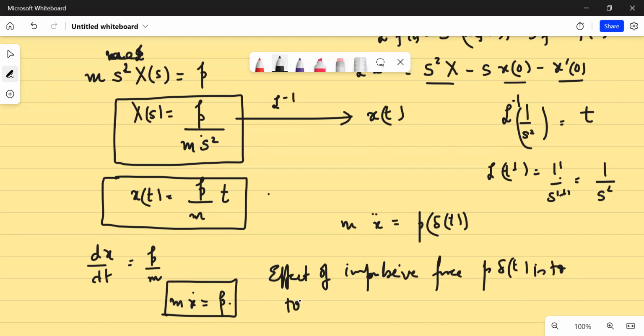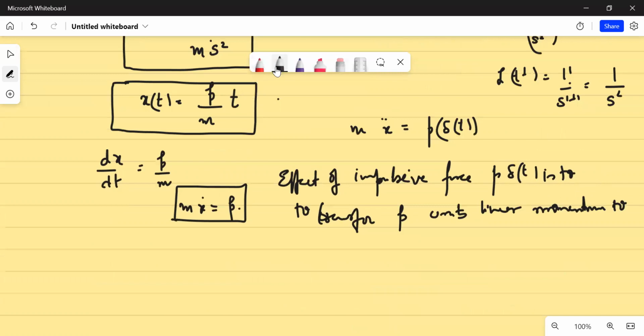It is to transfer p units of linear momentum to the particle of mass m.